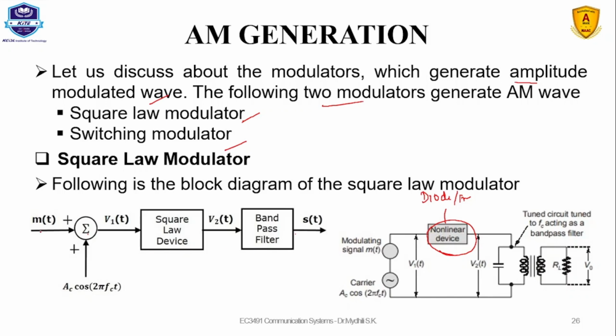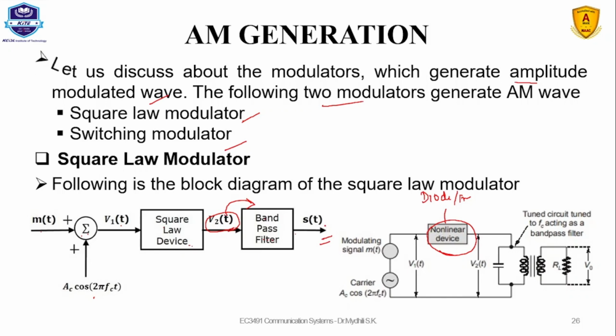Giving a message signal and a carrier signal to a summer produces an output, which is given to the diode or transistor device, which produces an amplitude modulated wave. When passed through the filter, the unwanted signal produced along with the modulated wave is suppressed. That is, it is filtered and gives the final AM signal.